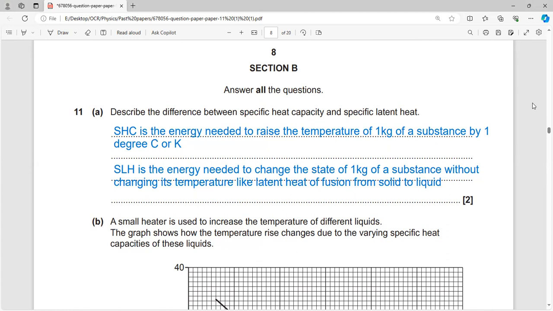For example, the latent heat of fusion of a solid: how much energy is needed to melt the solid into a liquid? That's why specific latent heats are different for different solids. For example, ice melts at 0 degrees Celsius. How much energy is needed to melt ice from solid to liquid? That will be the specific latent heat of ice.